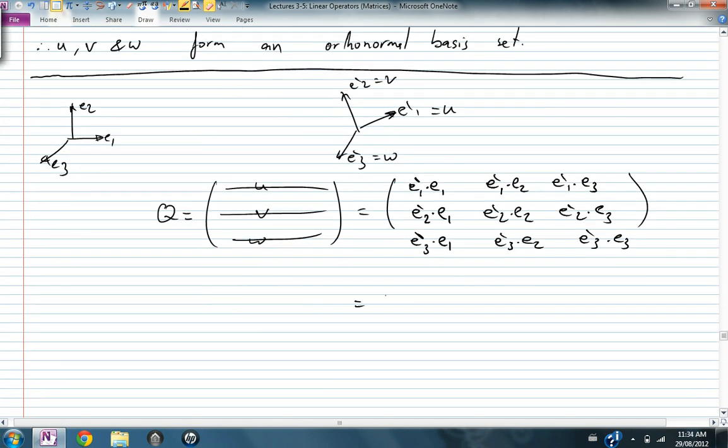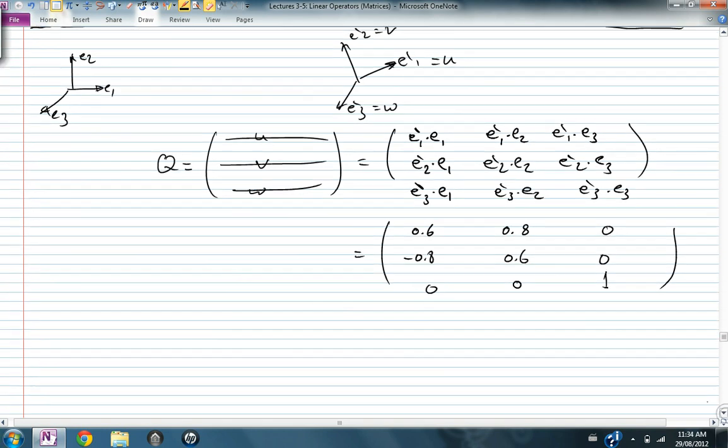and this is equal to 0.6. These are the components of U: 0.6, 0.8, and 0, negative 0.8, 0.6, and 0, 0, 0, 1.